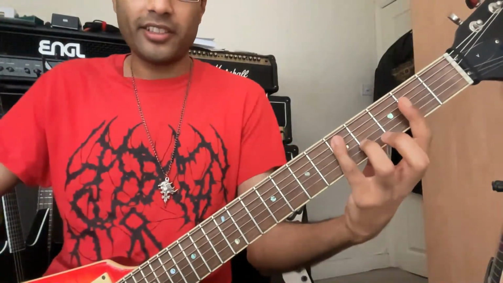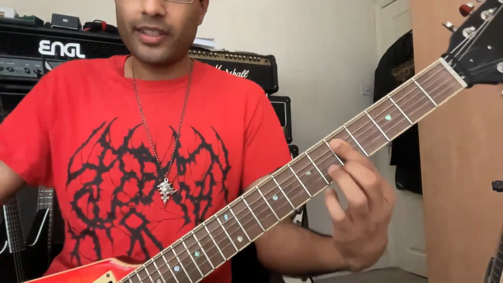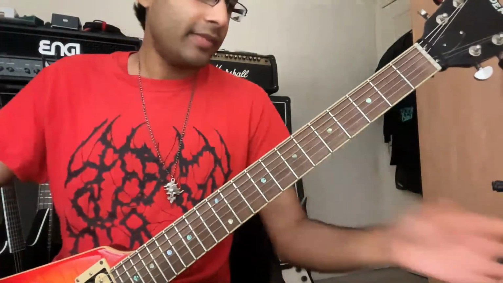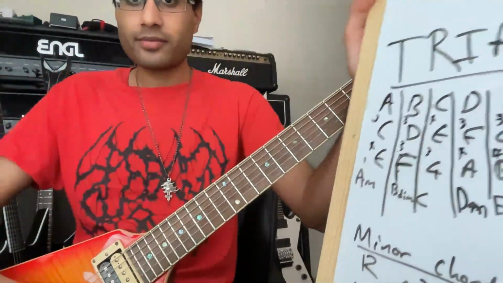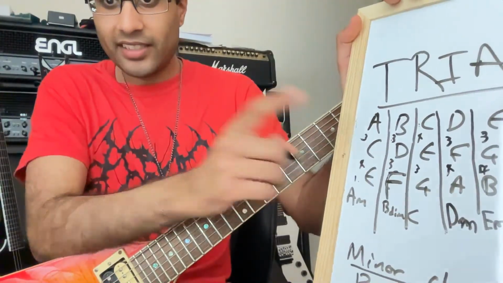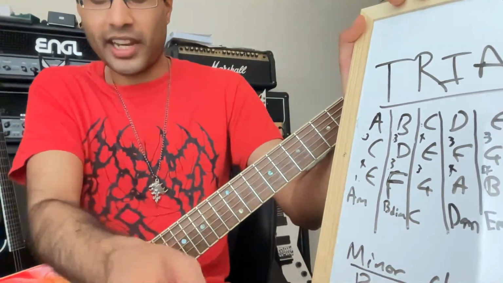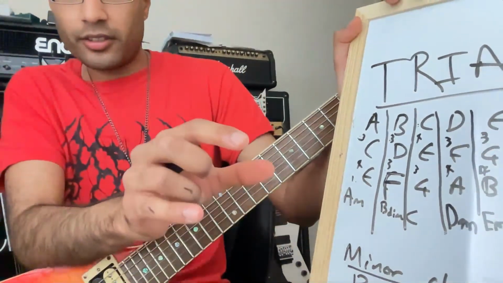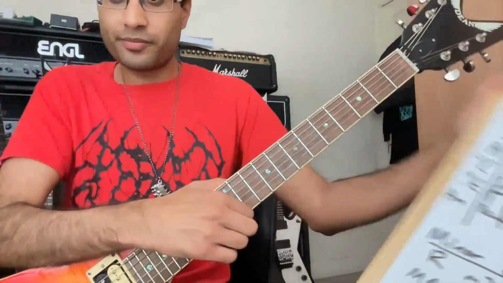So where should I put my fingers? So there's your first note. I'm going to keep this up here. We want D, F, and A. Where should I put my fingers? It is that first chord shape. You're exactly right. But what frets do I put my fingers on?